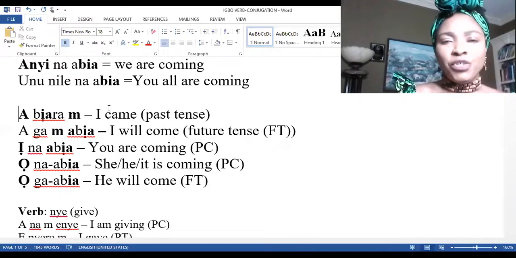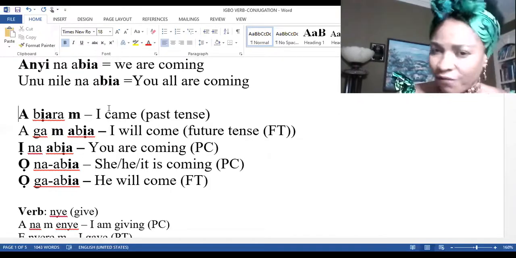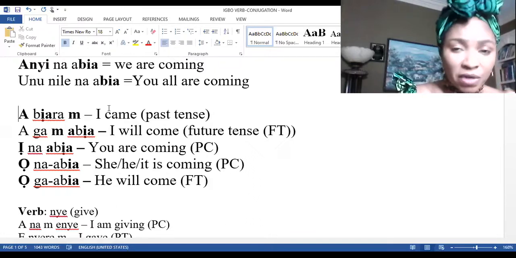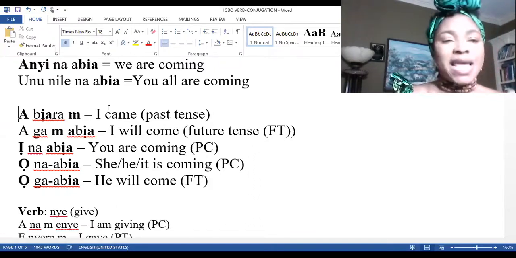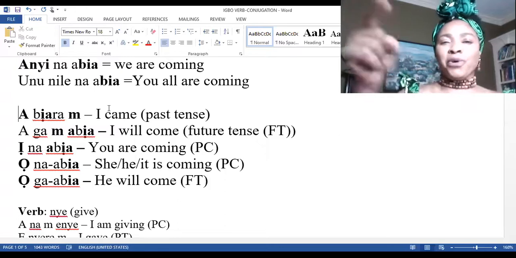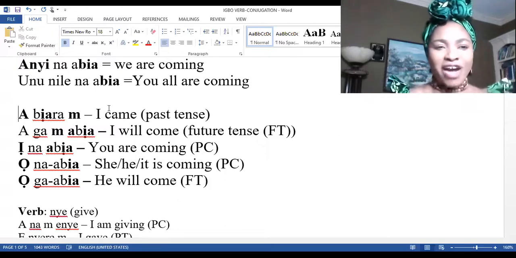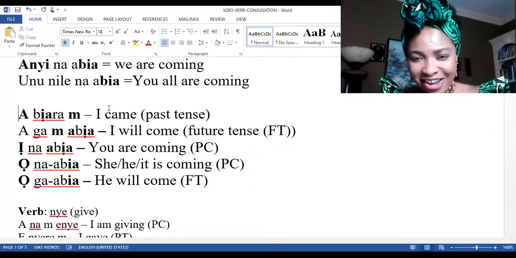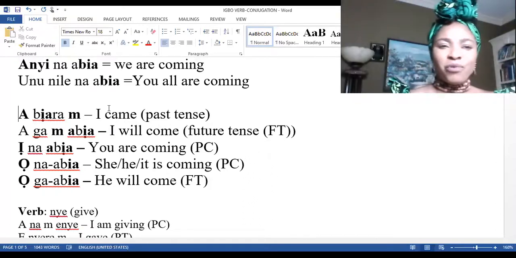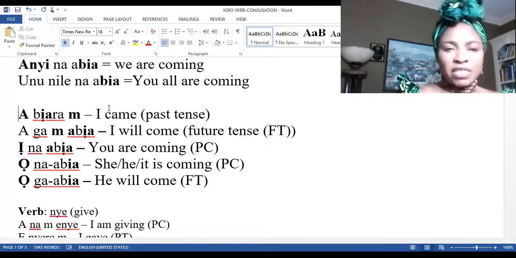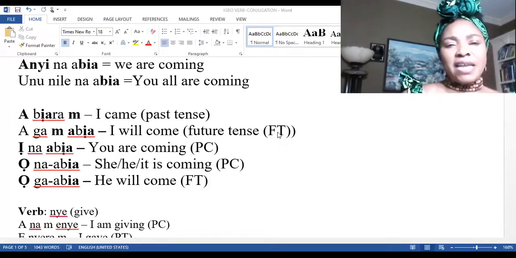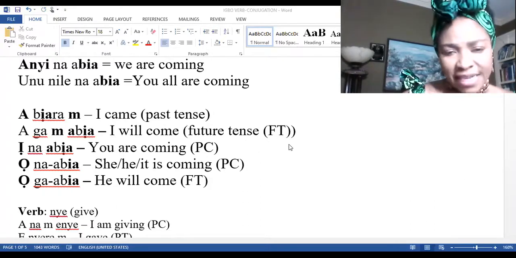Inabia, you are coming. Don't forget again, I always use this a and o because I want you to get used to it. Inabia, you are coming. Onabia, she or he or it is coming. All these are present. I use PC to represent present tense, then FT to represent future tense.